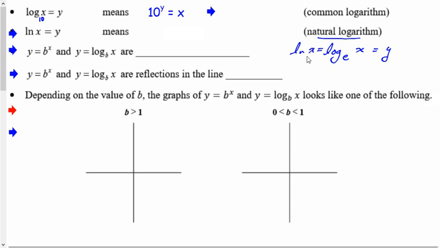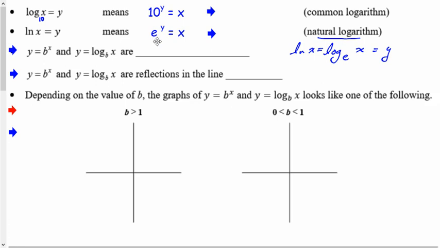Again, this notation says it's a log base e. Now, e is a constant, just like pi is a constant. It's called Euler's constant. Euler is spelt E-U-L-E-R, but pronounced like "oiler." What pi is to circles in geometry, e is to exponential and logarithmic functions.